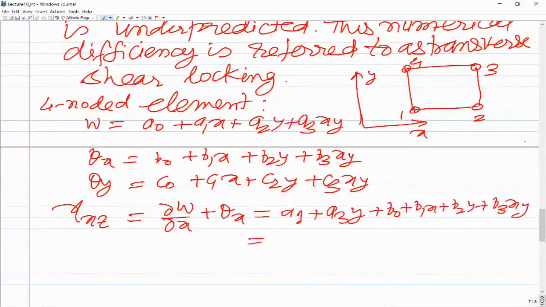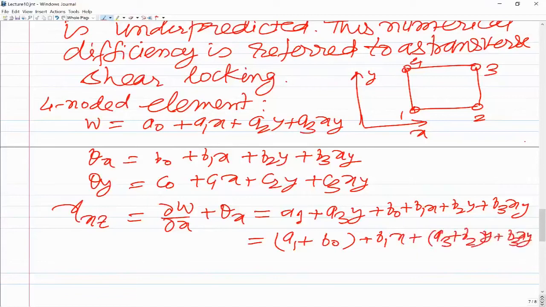So now you can take the similar terms together. We can say a1 plus b0 is one term, then we have b1 into x, then we have a3 plus b2 into y, and plus we have b3 into xy.